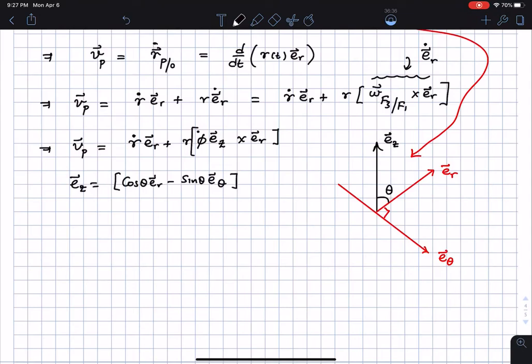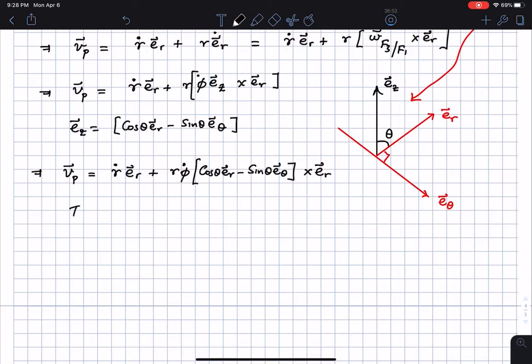If I do the substitutions, VP is R dot ER plus R times phi dot times cos theta ER minus sin theta E theta, crossed with ER, and then I have the triad. If I use the right hand rule, ER crossed with E theta gives me E phi. So here is my triad, and this implies that ER crossed with E theta is equal to E phi.